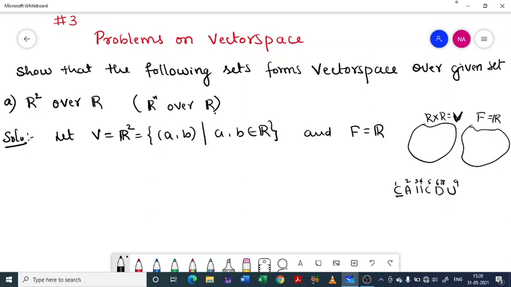The thing is, this C must be fixed. As per this rule we first have to verify the closure law. That is the first condition I have to check.